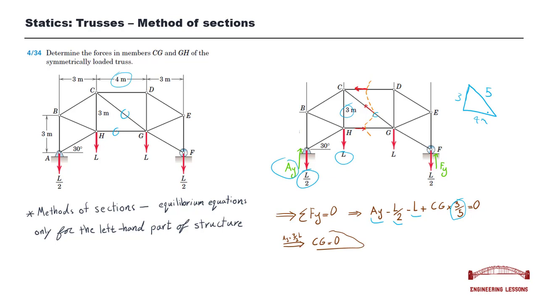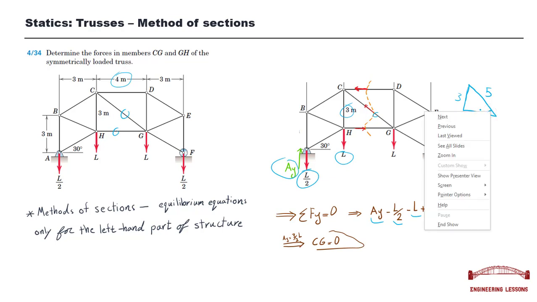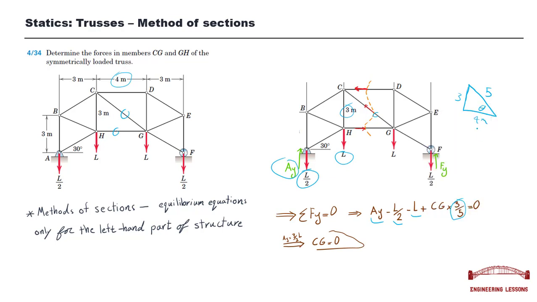Or likewise, we could consider this angle as theta and write the sine of theta instead of 3 over 5, but this one is easier. Okay, solving this equation, it turns out CG equals 0. So this member, according to this loading and arrangement, is a zero force member.